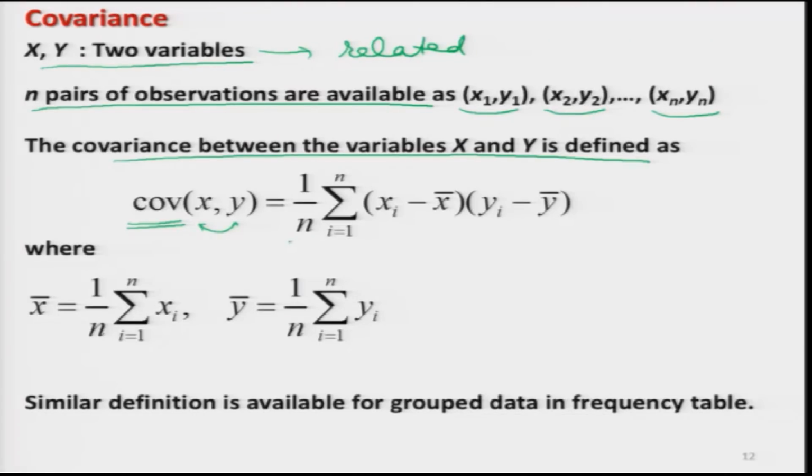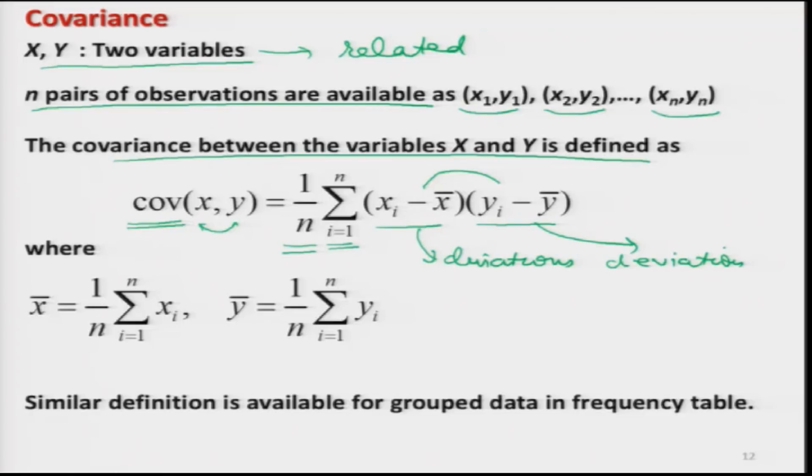It is defined as 1 upon n, summation i goes from 1 to n, xi minus x bar, yi minus y bar. You can see that xi minus x bar are the deviations in the xi's, and yi minus y bar are the deviations in the yi's, and we take the cross product of the deviations in x and deviations in y, and find the average of those cross products of deviations.